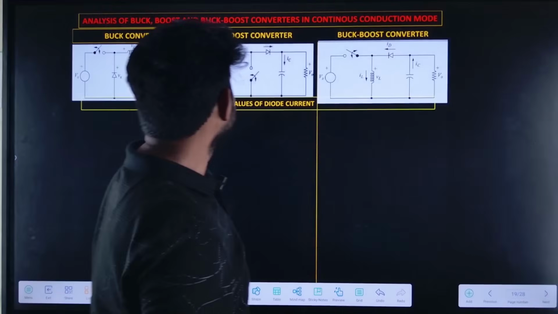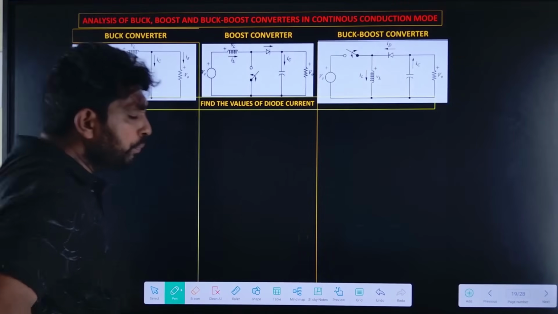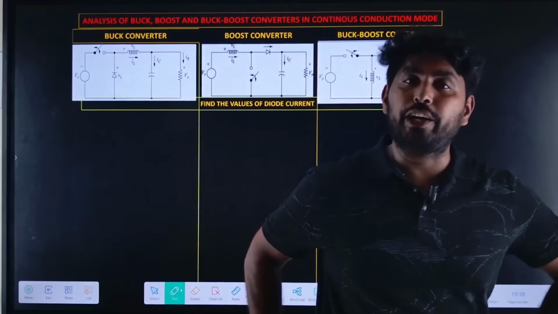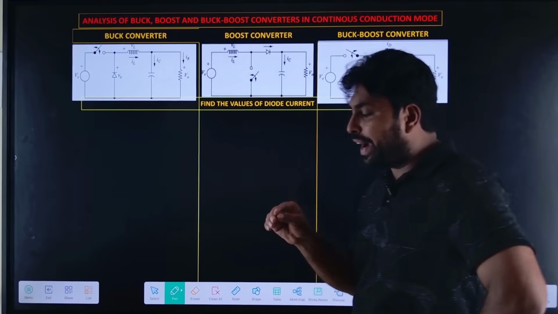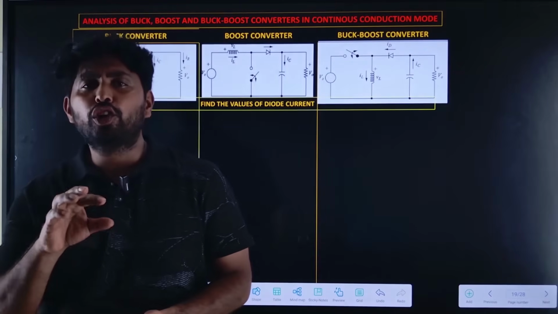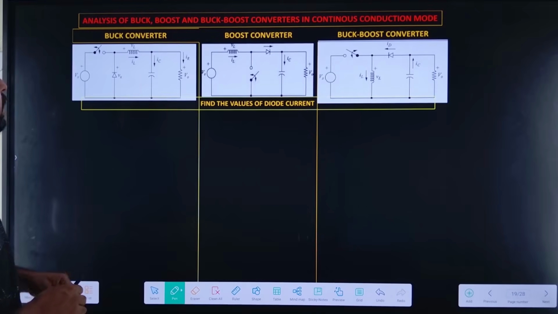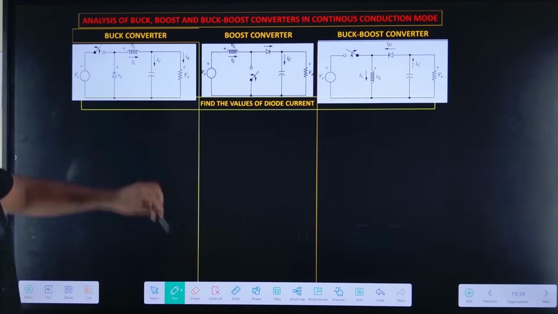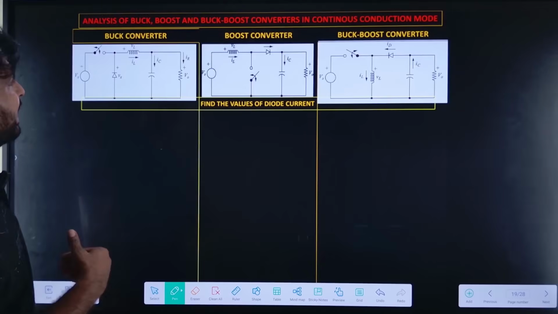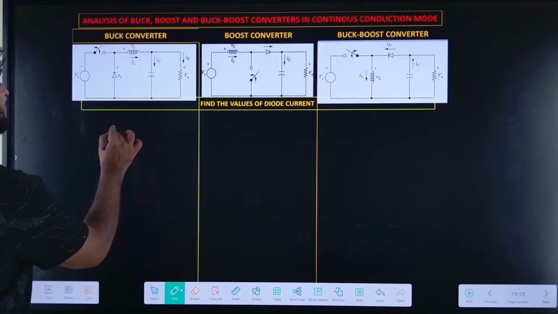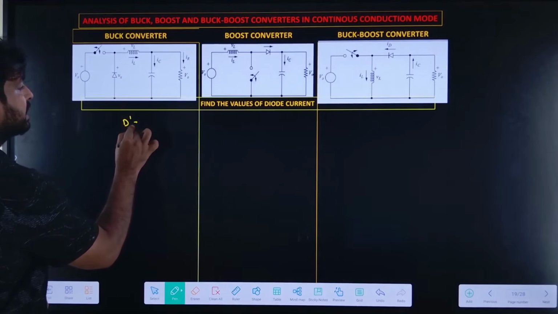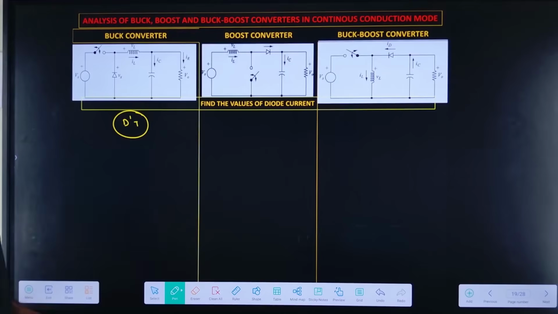Now let us see the next problem. Find the values of the diode current. We need to find the average value of the diode current. When does the diode conduct? The diode conducts during the D dash T time.